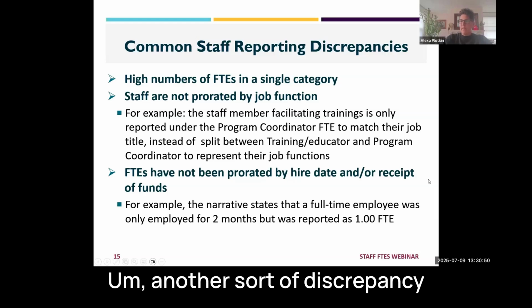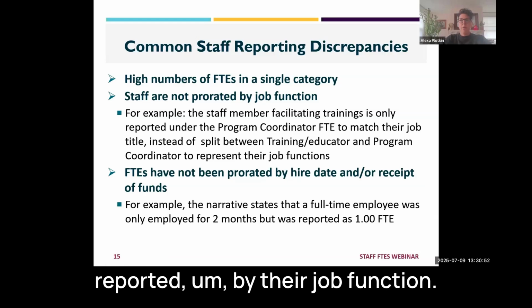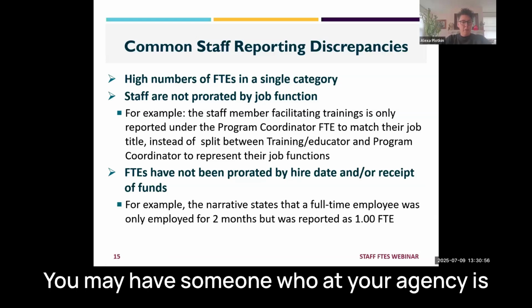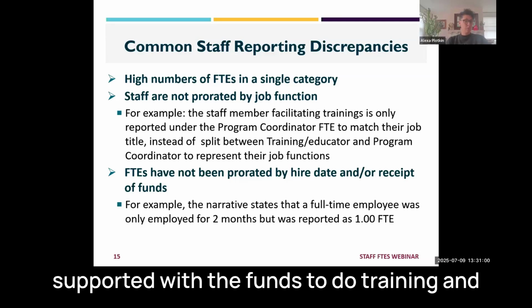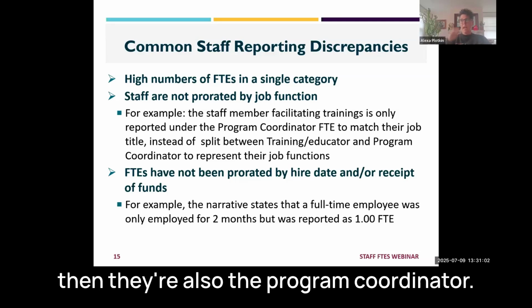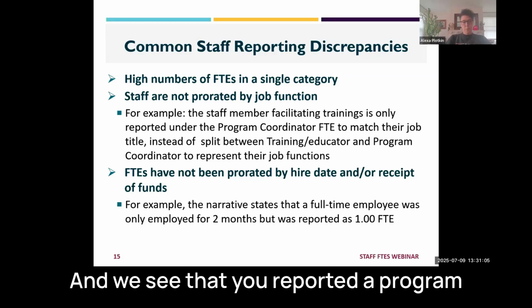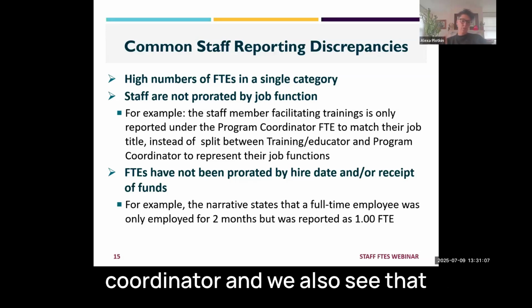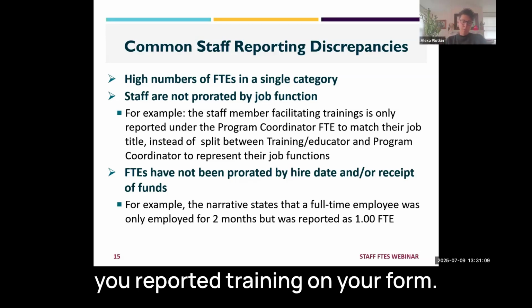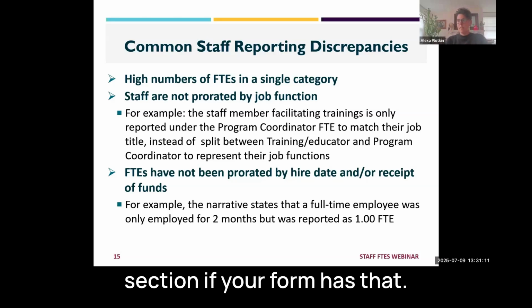Another discrepancy that we see is when the staff are not reported by their job function. So for example, you may have someone at your agency who is supported with the funds to do training, and then they're also the program coordinator. And we see that you reported a program coordinator, and we also see that you reported training on your form, so you reported in the training section if your form has that.